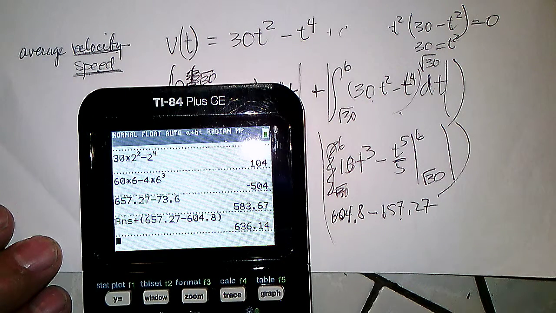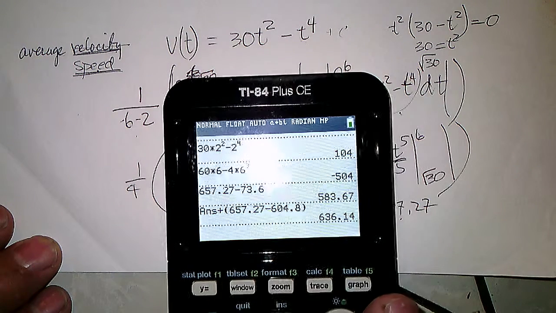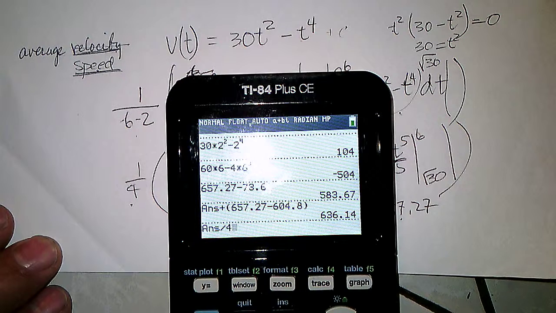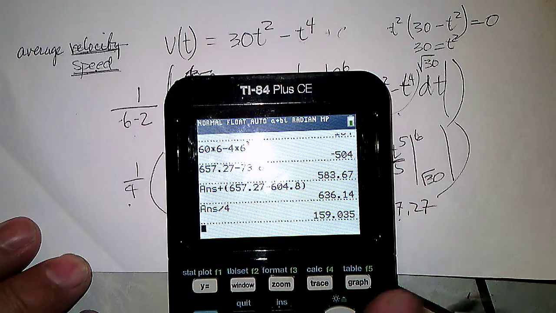So the total for this one plus this one in absolute value is 636. Then I've got to divide that by 4. So the average speed is 159.035.